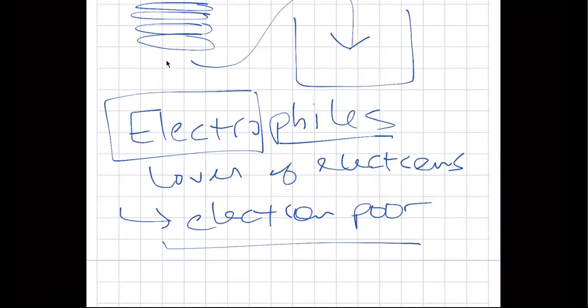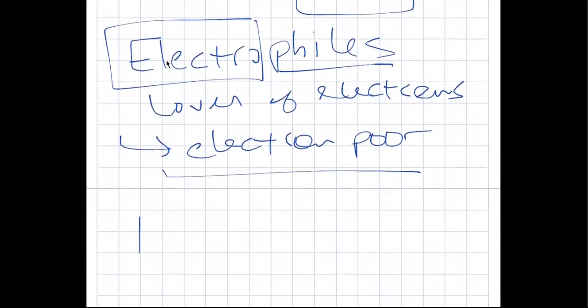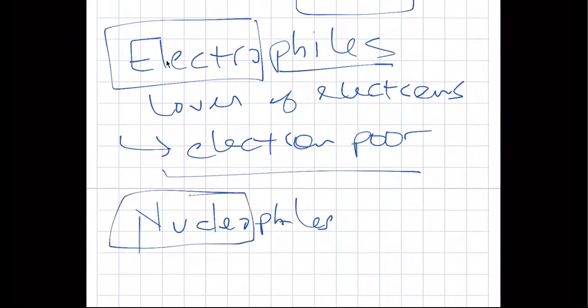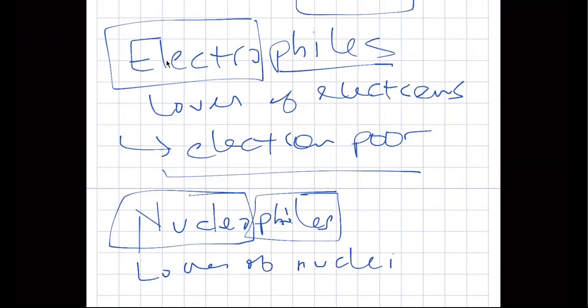And then nucleophiles are, again, nucleo meaning nucleus or nuclei, and philes from one of the Greek words for love, philos. So this is a lover of nuclei. If electrophiles love electrons, nucleophiles love nuclei, because the nucleus of an atom is protons and neutrons.